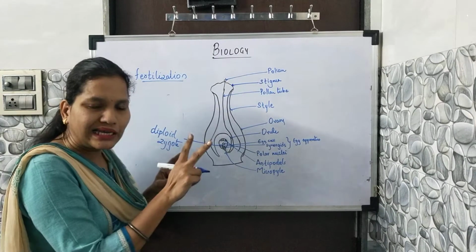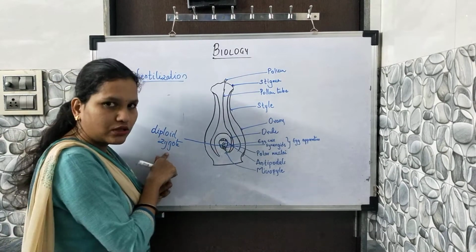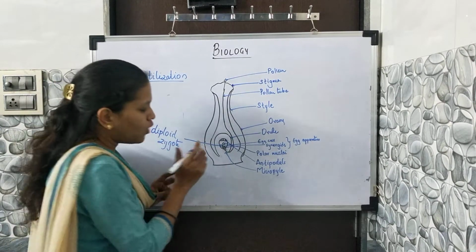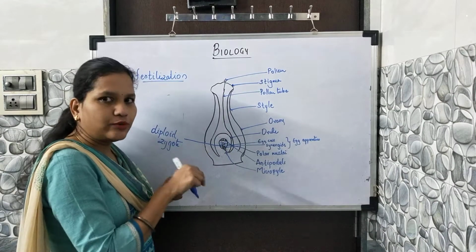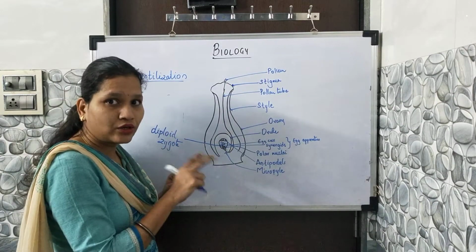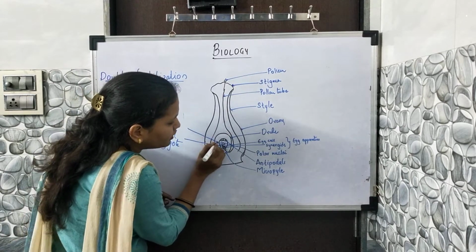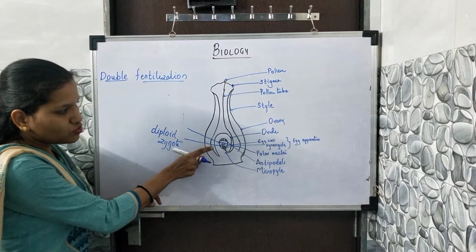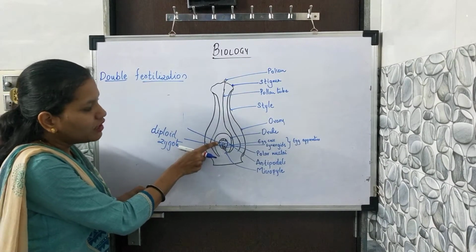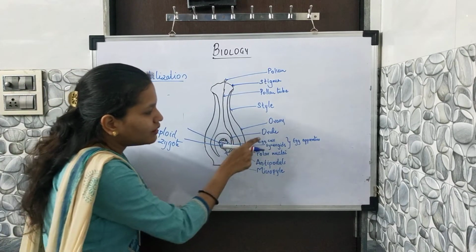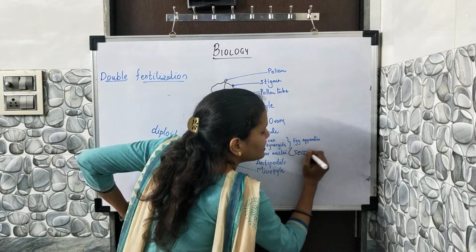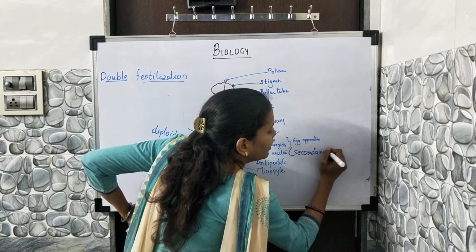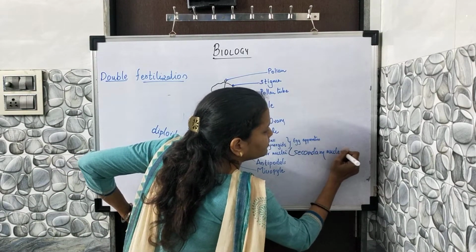Now, the two male gametes are there. One showed the formation of the diploid zygote. The other non-motile male gamete has come over here, and it shows fusion with the polar nuclei, which are also called the secondary nucleus.